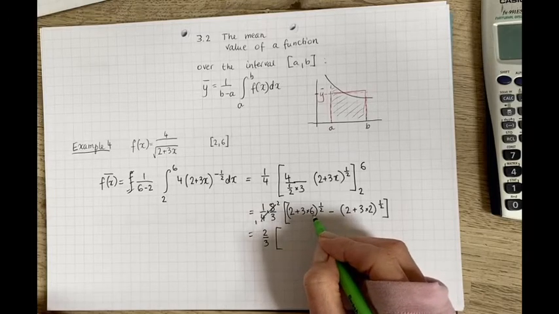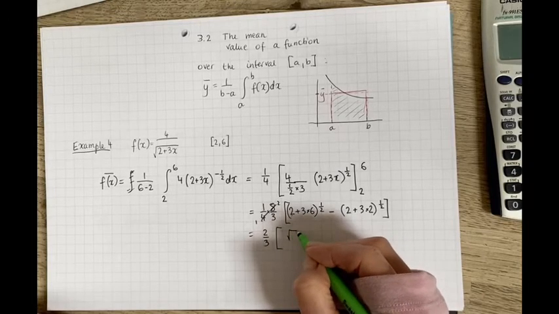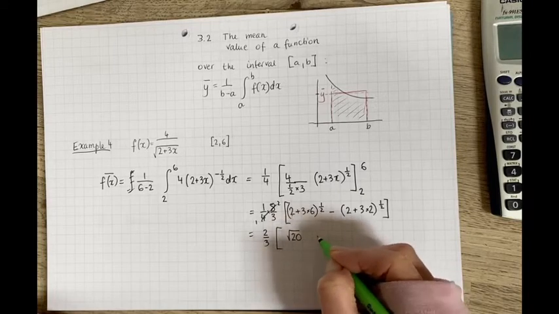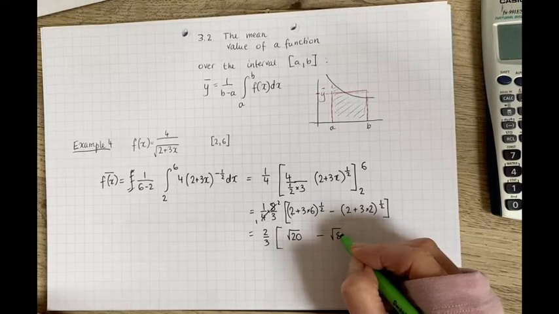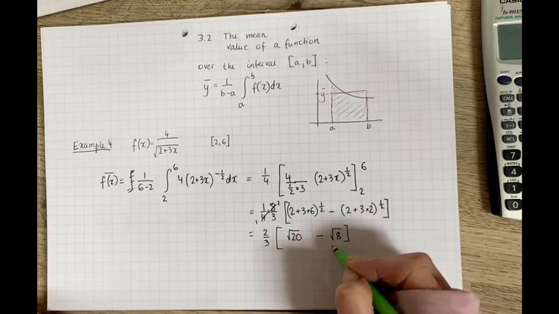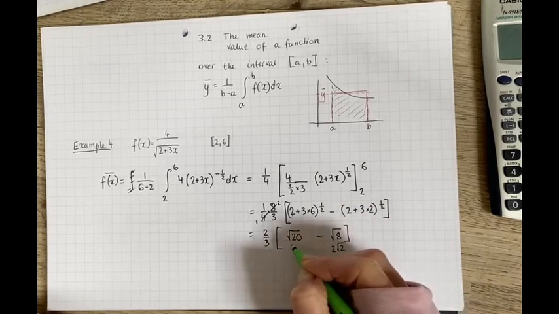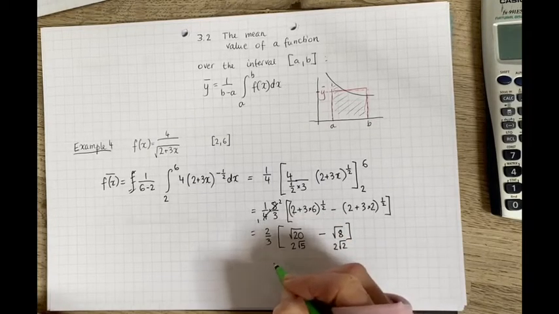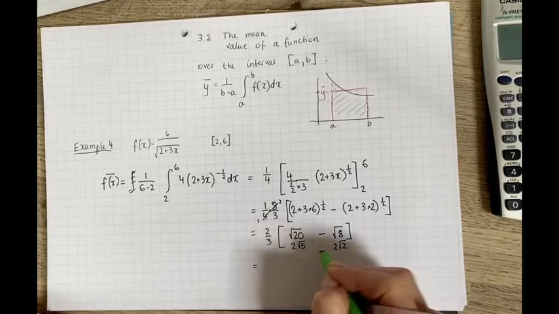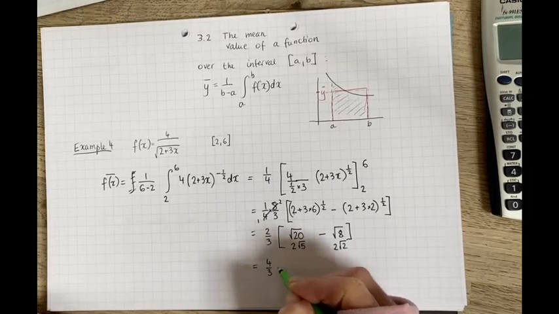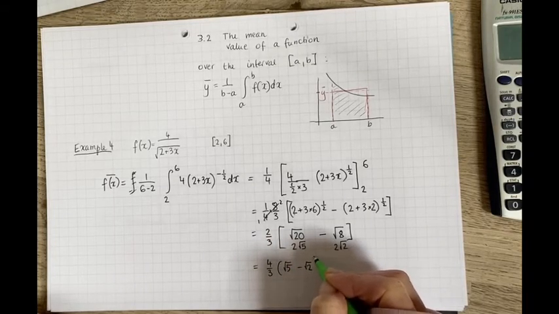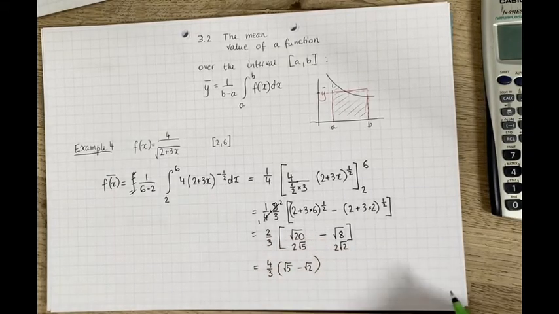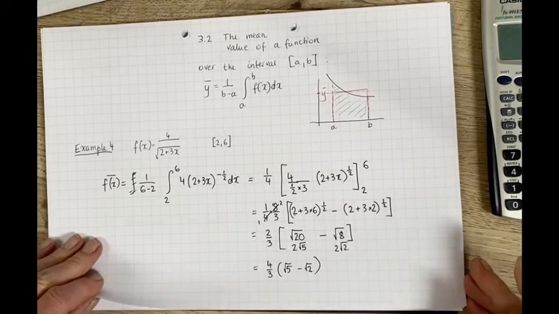Okay, so this is going to be 18 add 2, so square root of 20, minus 6 add 2, so square root of 8. So this is 2 root 2, and this is 2 root 5. There you go. So let's just bring that 2 out. You will have 4/3 root 5 minus root 2. Okay, so that's example 4.